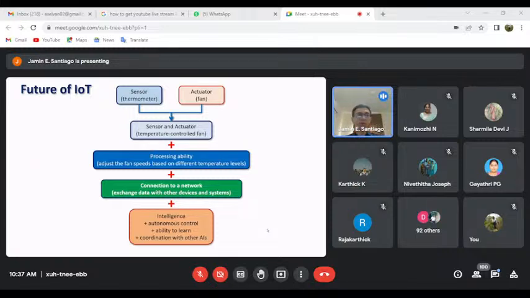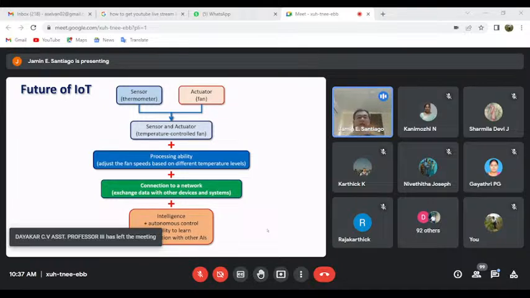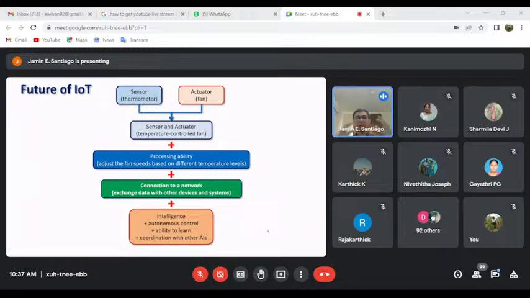So imagine all of these IoT devices are communicating with each other, coordinating. What will be the result? For example, if we have a smart city and all the IoT devices are coordinating with each other, what we expect is that when we go from one part of the city to the other, our experience will be much better. There will be less traffic.